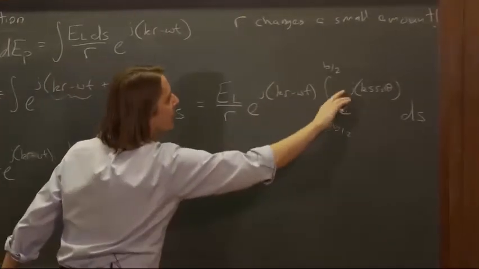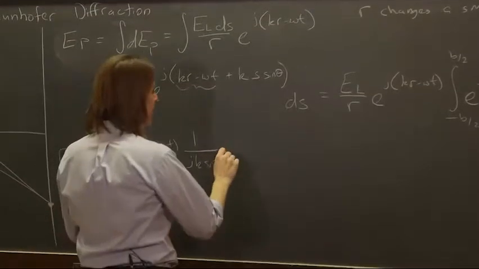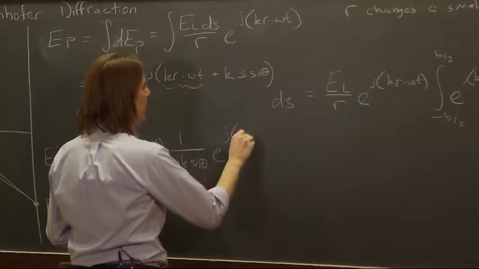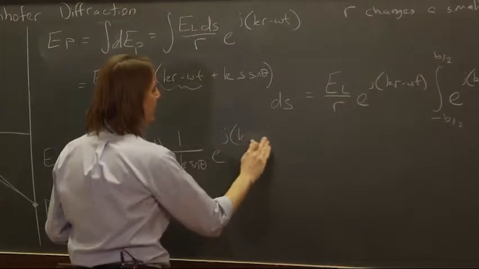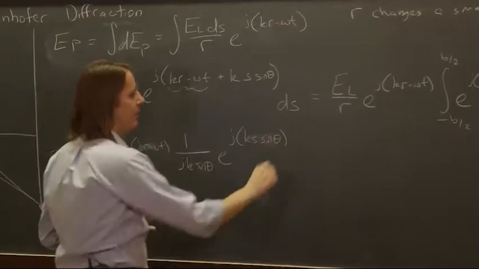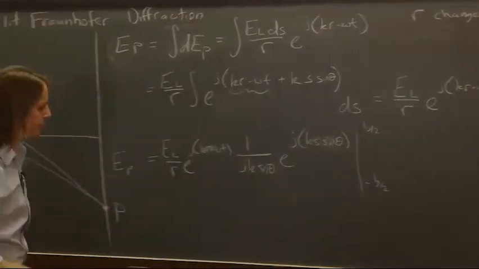So you divide by the derivative of this with respect to x. And then you're left, since it's just an exponential, with the original e to the j k s sine theta, evaluated from minus b over 2 to b over 2.